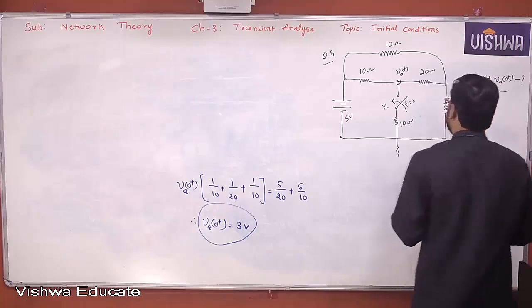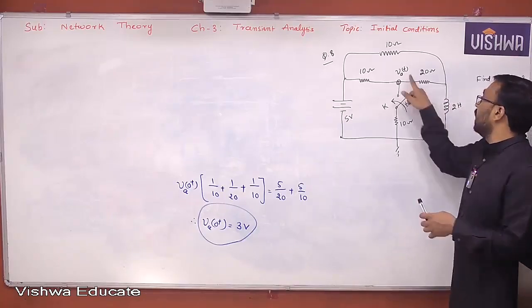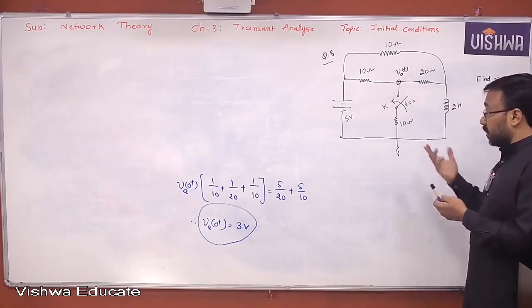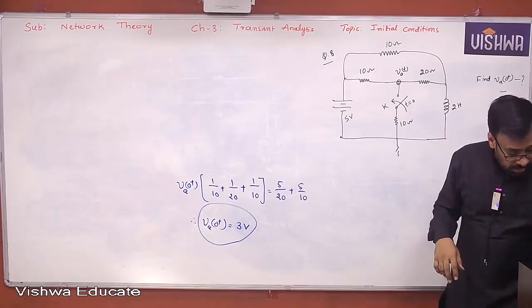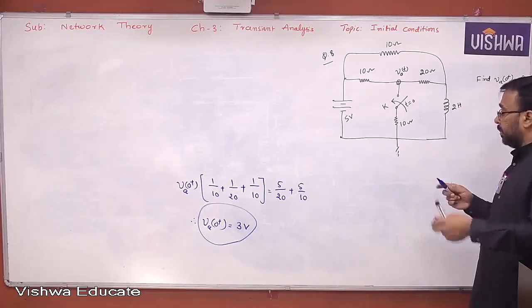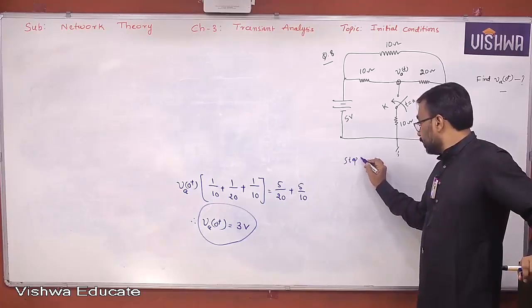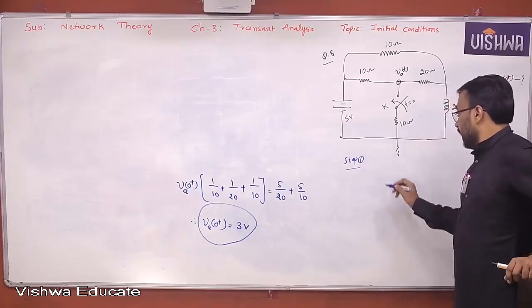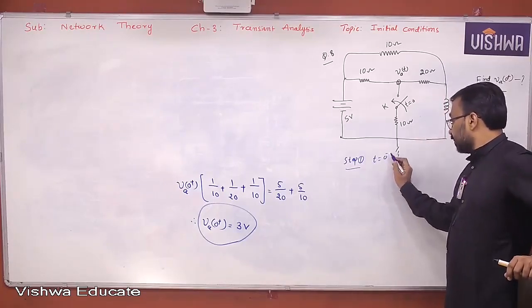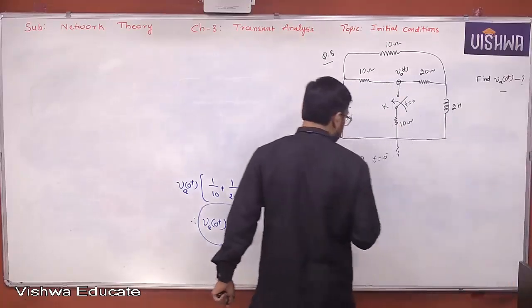Because here an inductor is placed, and again it is asking VA of 0 plus, but the procedure is the same. Step 1: t equal to 0 minus equivalent. So how does that network look like?